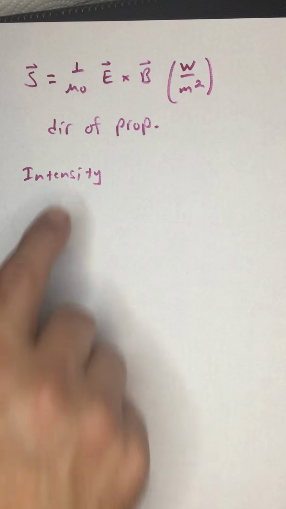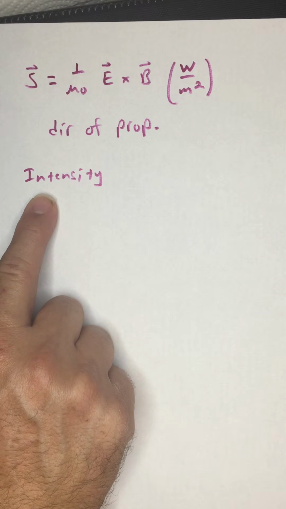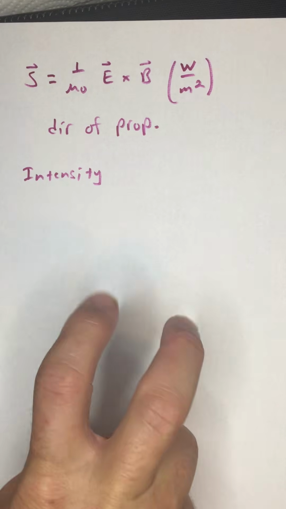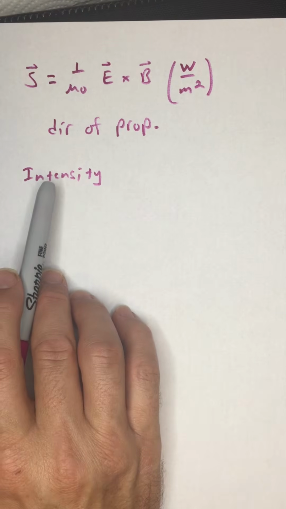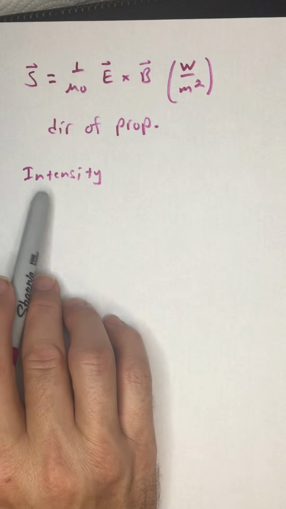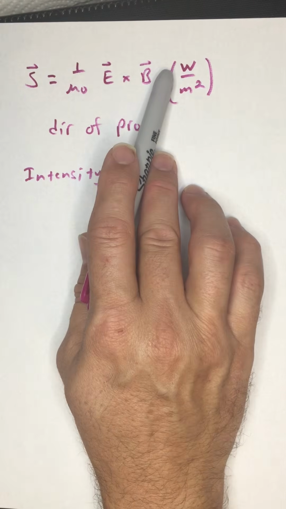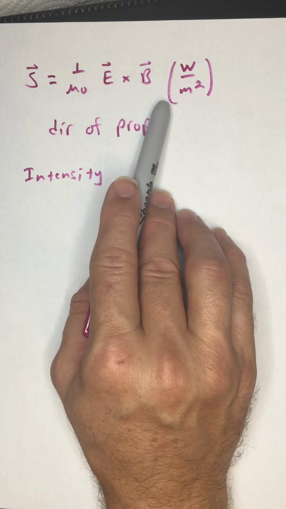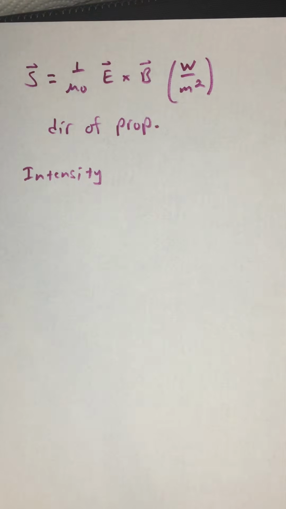Brightness is not the right word because not all E and M waves are visible, but you can think of it as a measure of brightness, whatever that looks like for an X-ray. I don't know. It doesn't look like anything because you can't see them, but it's something analogous to that for visible light. It's the amount of power incident upon a particular area, right? It's power per square meter.